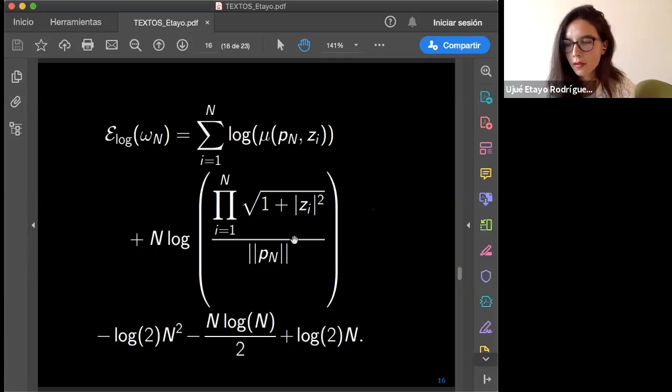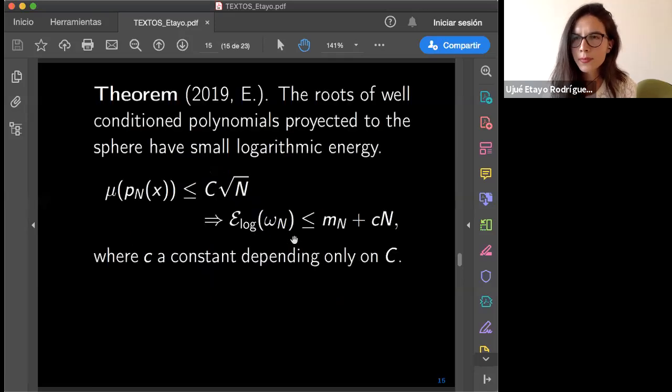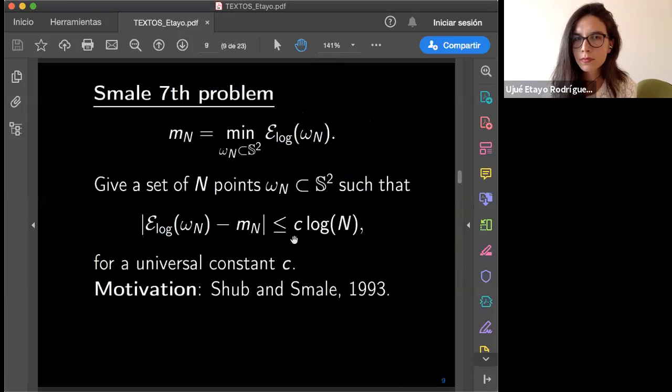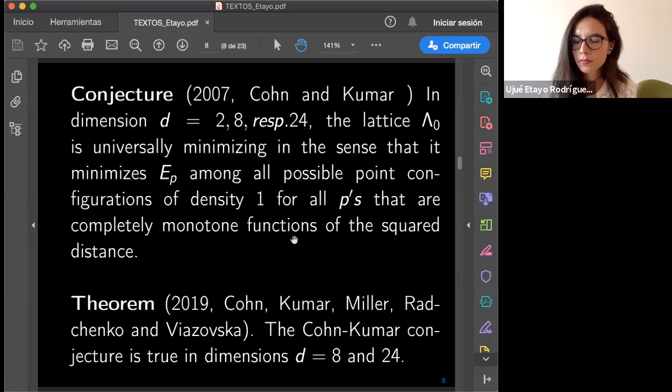I had a question about the relationship between the Kahn-Kumar conjecture and the things related to the Smale problem. So that relationship that you're talking about, would it only be for the Smale problem in dimensions 2, 8, and 24, or does it somehow relate to other dimensions as well?